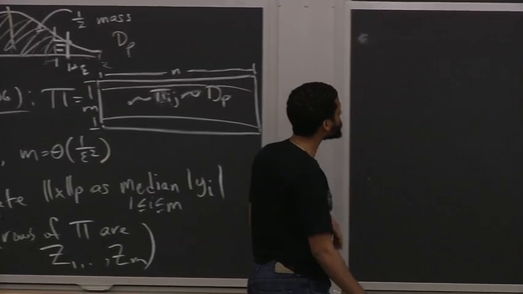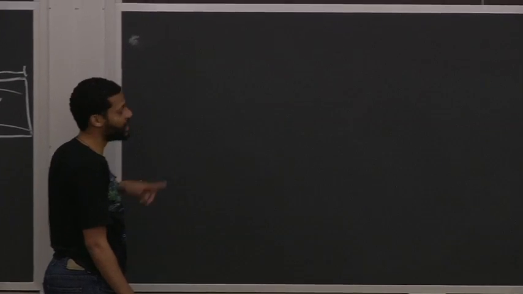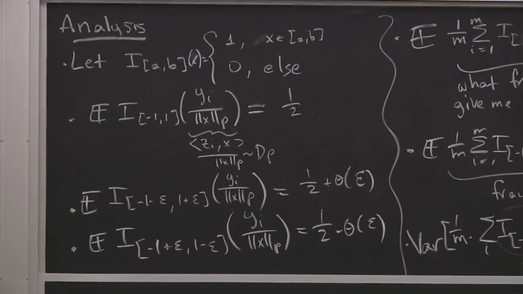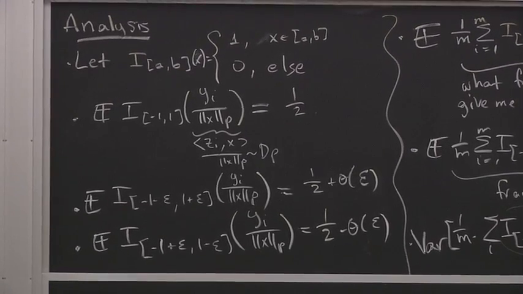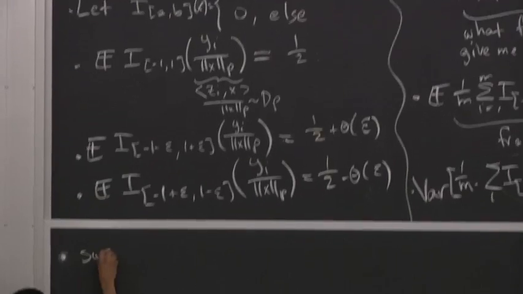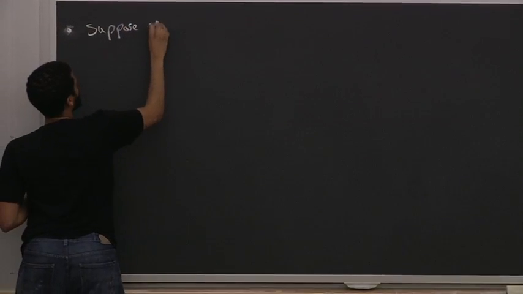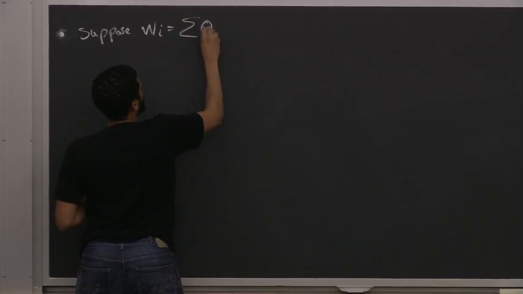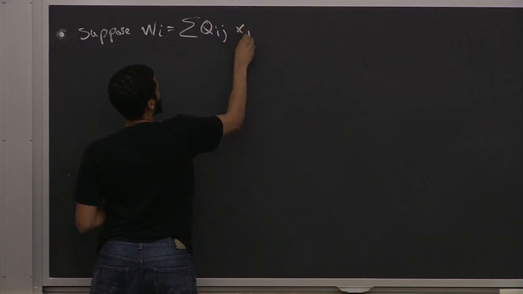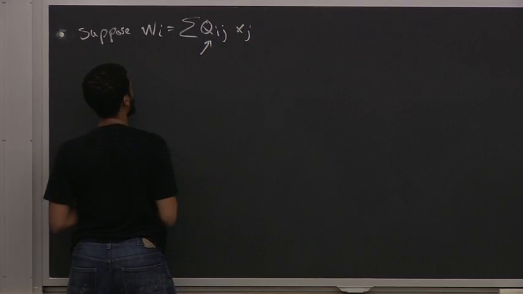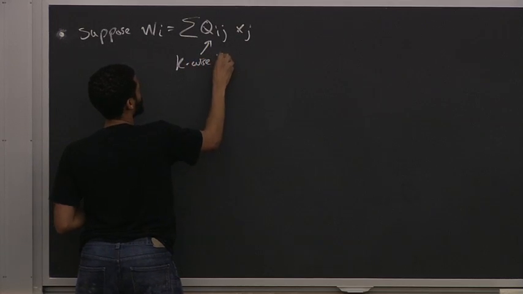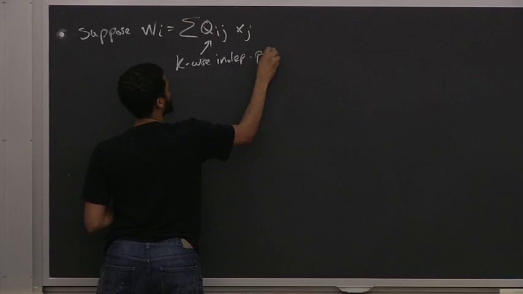But actually, we don't really need yi to be p-stable to make this argument work. What we really need is, suppose wi were the sum of qij xj, where these are only k-wise independent p-stable.